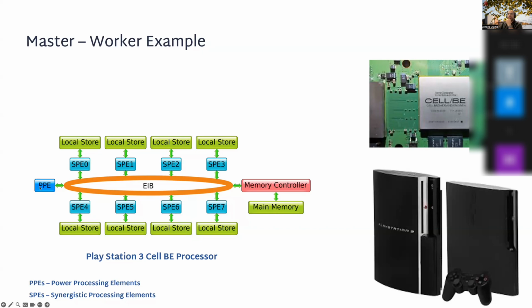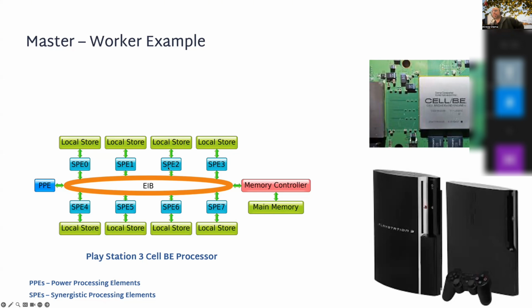Here the PPE, which stands for power processing element, is the master processor, which is responsible for running the OS and managing the co-processors. And SPEs, which stand for synergistic processing elements, are the worker processors.